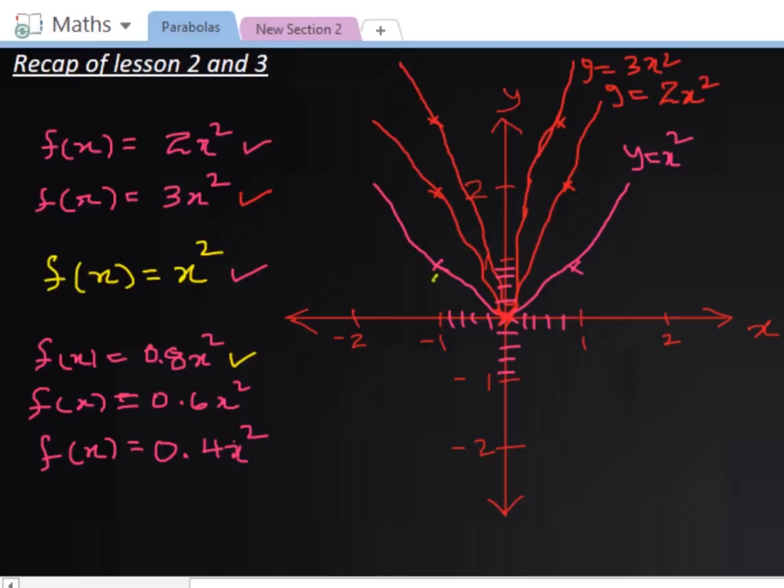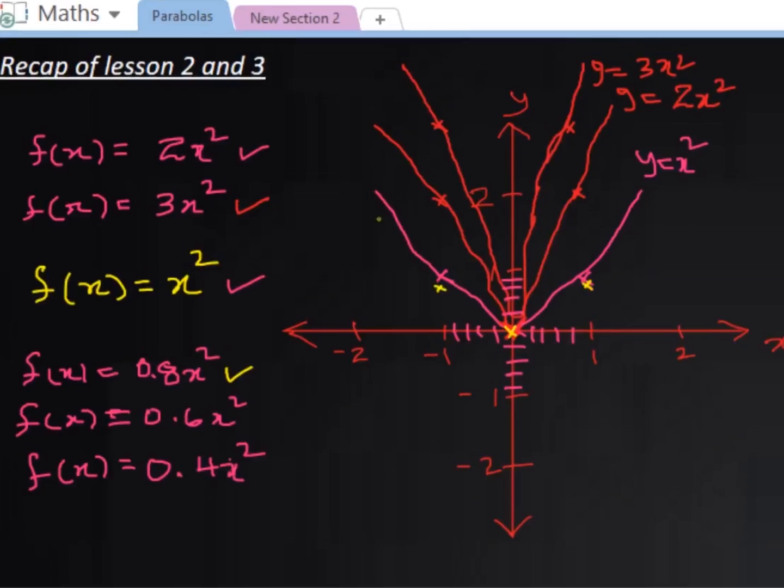So this will be our first point. The second point is the obvious one, 0 and 0. And the third point will be 1 and 0.8. It's a point right here. And we join the 3 points, giving us a parabola with this shape here, with the equation y equals 0.8 x squared.